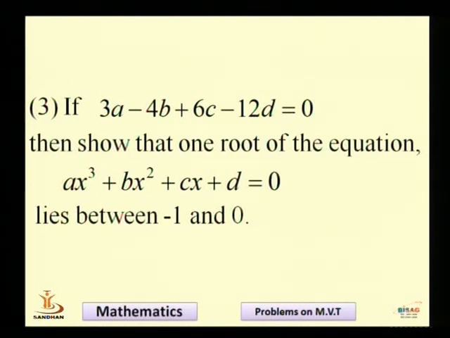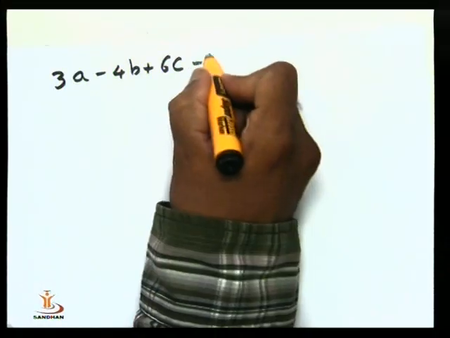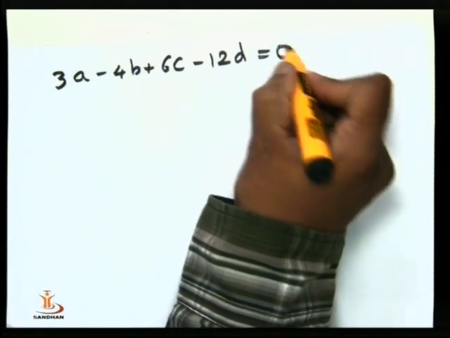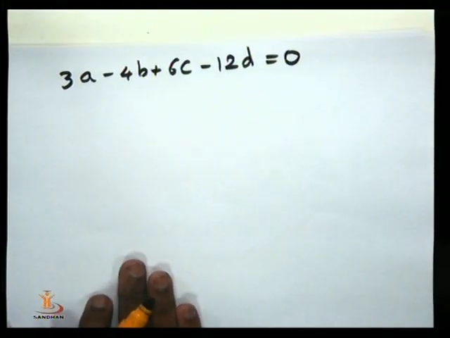If 3a minus 4b plus 6c minus 12d equal to 0, then show that one root of the equation ax cube plus bx square plus cx plus d lies between minus 1 and 0. The condition given is 3a minus 4b plus 6c minus 12d equal to 0.